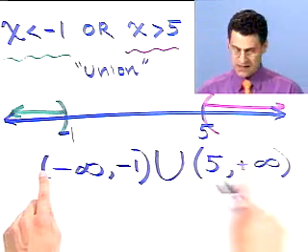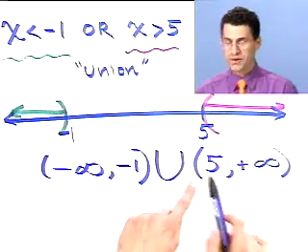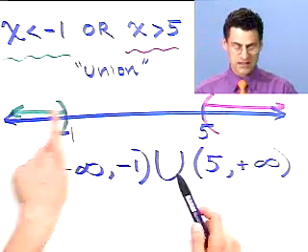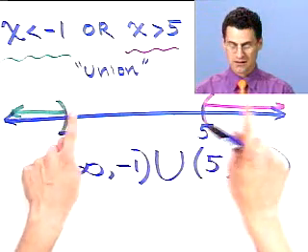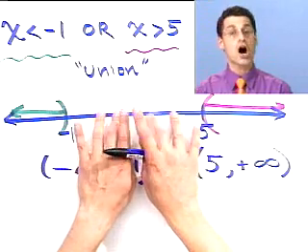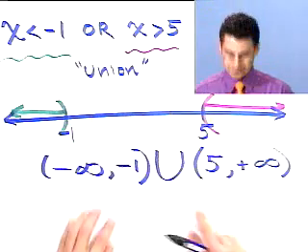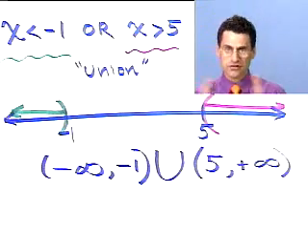So this symbol means the union of this interval with that interval, which means all the points here with all the points here, union together. So any point where my fingers are is in the union. These points here are not in the union. They're not in the union. So OR means you put intervals together, and AND means you look for where they overlap.